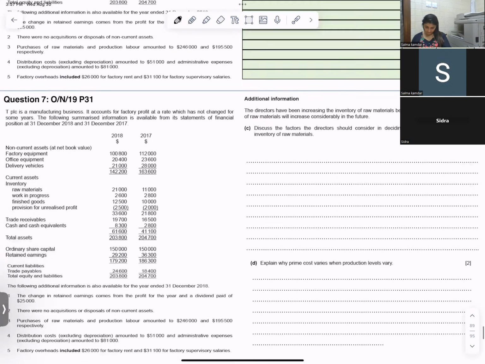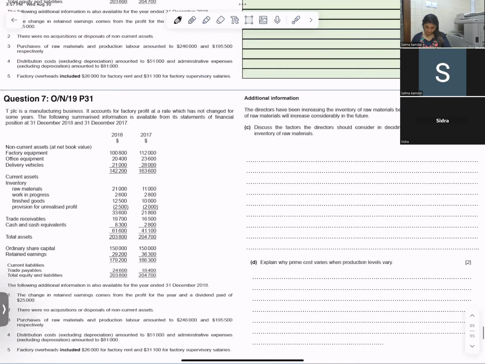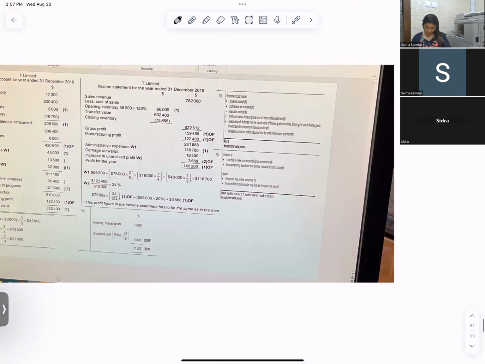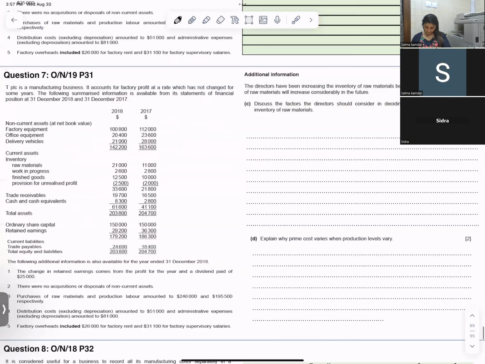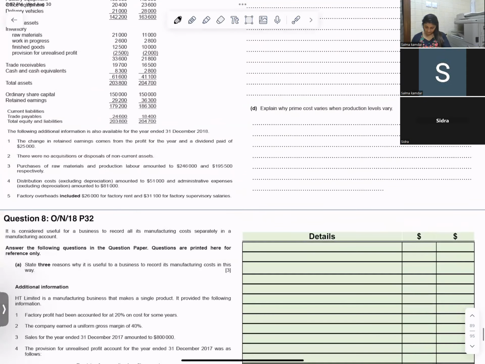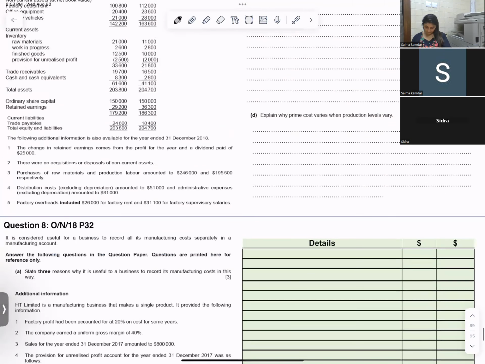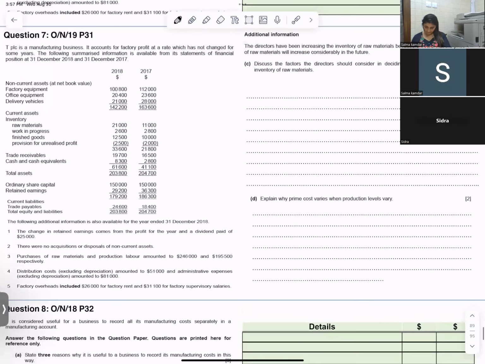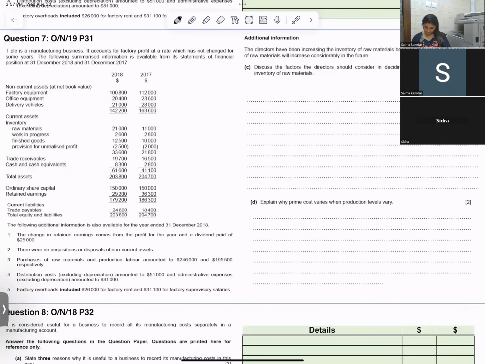Second would be realization, as profits are unrealized until goods are sent to customers. Then the matching concept, as the income for the year is matched against the expense for the year.